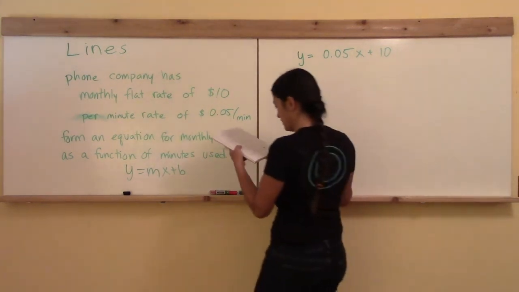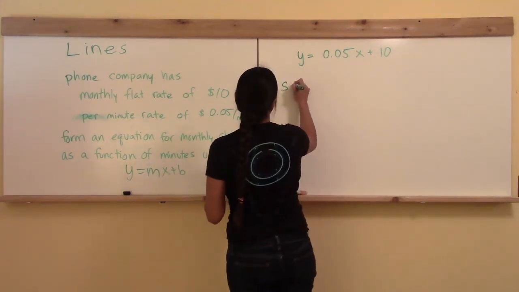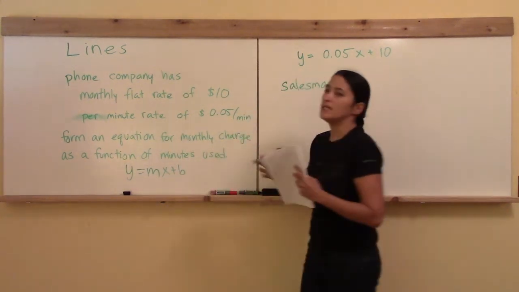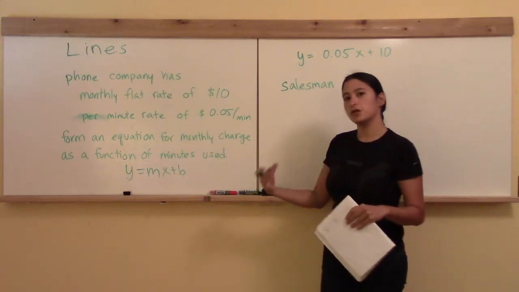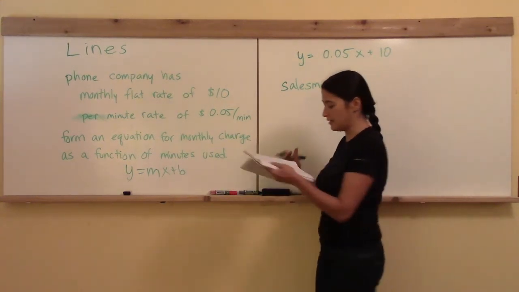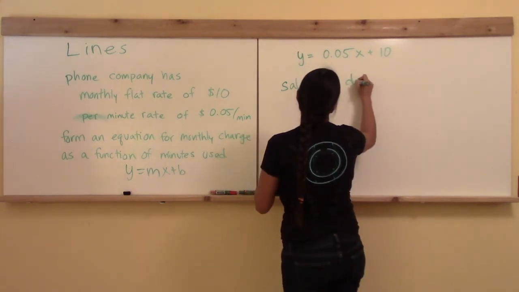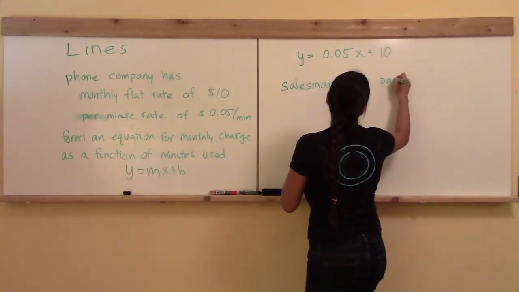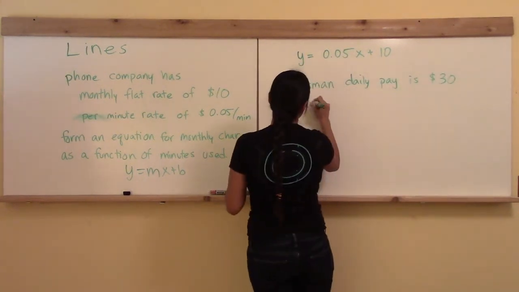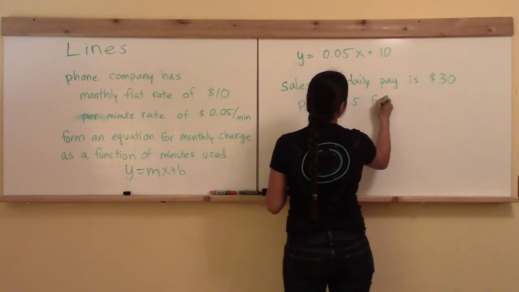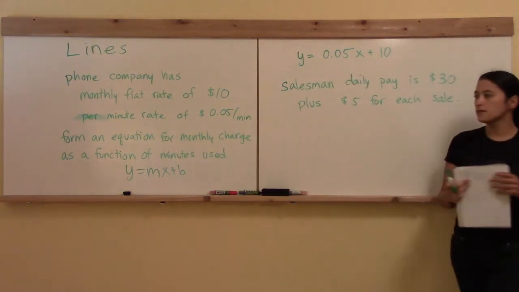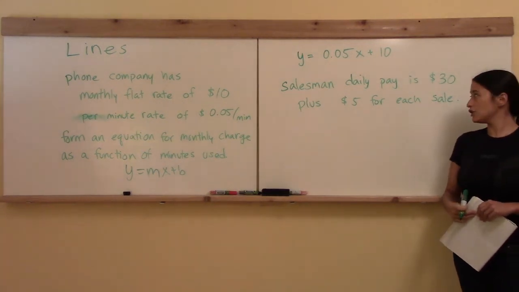Let's have another one here, where we have a salesman, another example. A salesman gets paid not only a flat rate for showing up to work that day, but he also gets paid a little bit extra for every sale he makes. So let's say a salesman's daily pay is $30 just for coming in, plus $5 for each sale. Okay? So again, this is going to turn into a linear model.